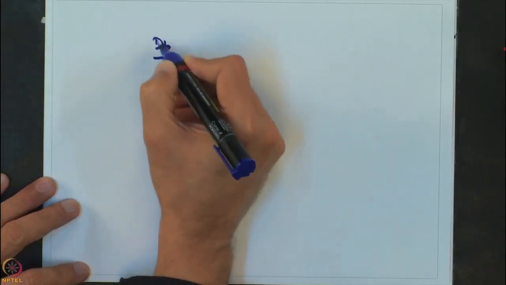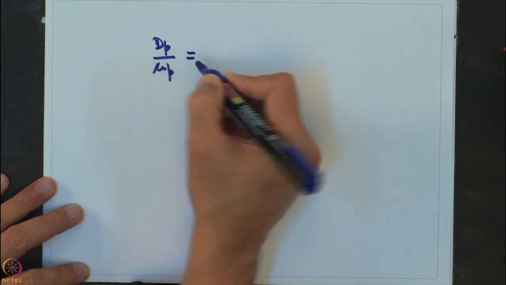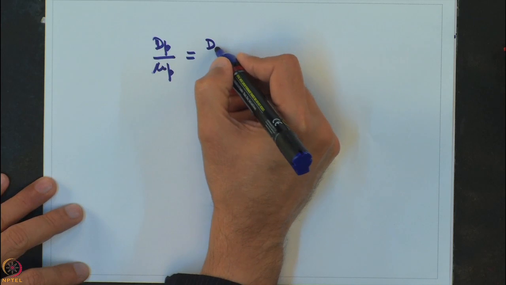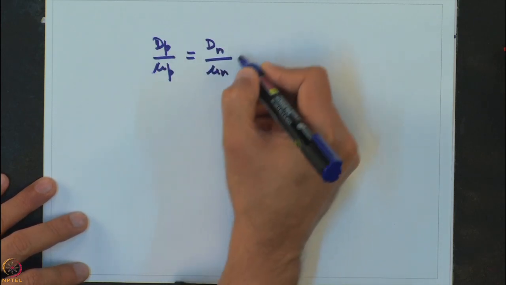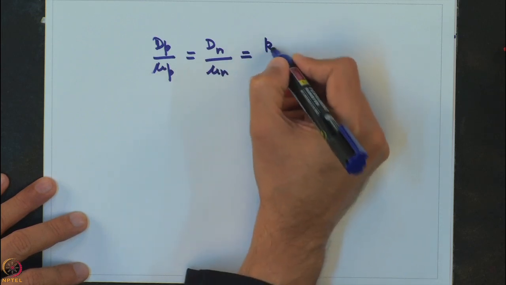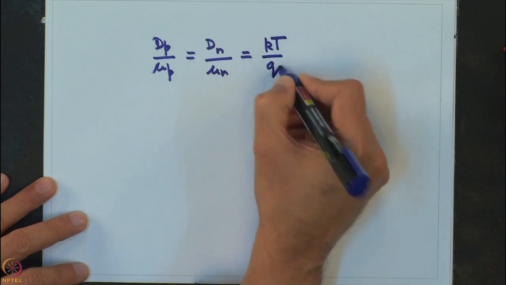Now, this analysis of the diffusion current and drift current actually gets simplified if we use a very important relation which is called the Einstein's relation, which is given by Dp, the diffusion constant of holes, by mu p, the mobility of holes, equal to the diffusion constant for electrons by mu n, and this expression is actually given by kT by q.